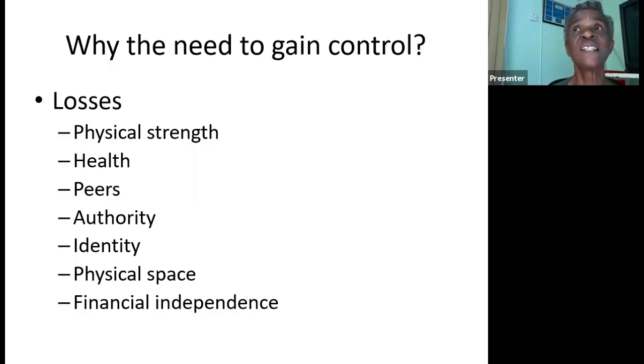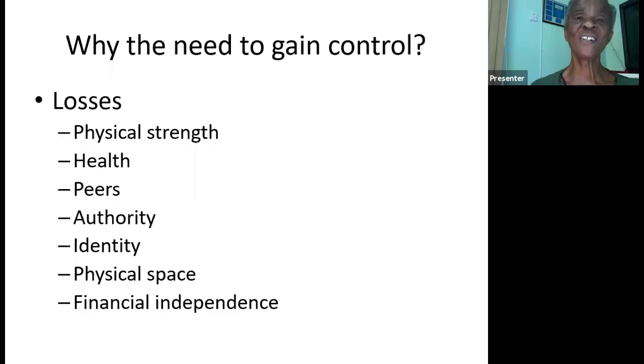Health-wise, there is a difference, both physically, mentally, and otherwise. Conditions start to set in, especially if we approach old age with some risk factors, and as we age we have different conditions. So there are losses in that way.